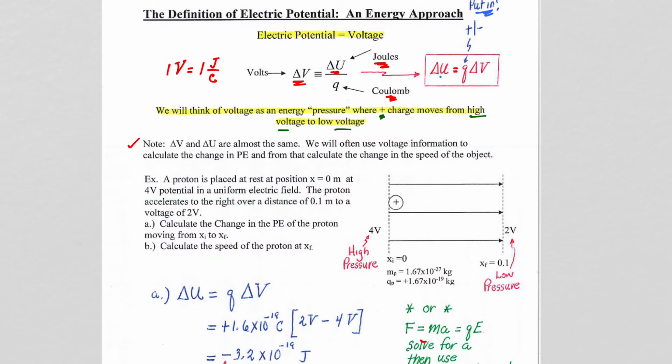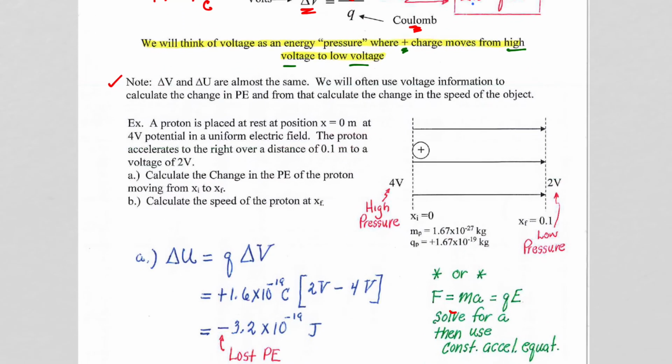For example, in the example we have here on this page, we're told we have a region of space where at one point we have 4 volts, another point we have 2 volts, and we are going to start a proton, a positively charged particle, from rest at the 4-volt region and see what happens.